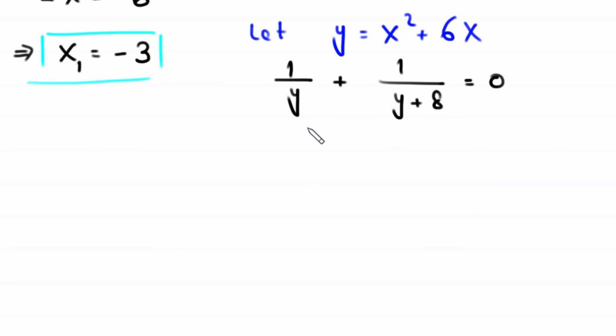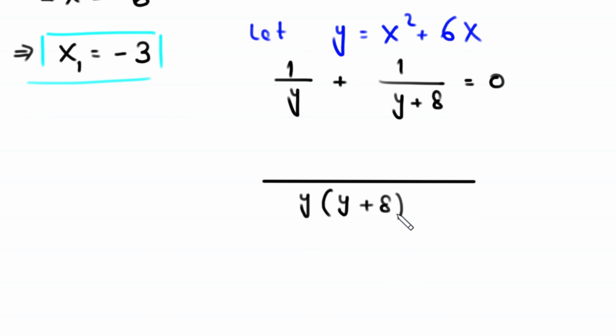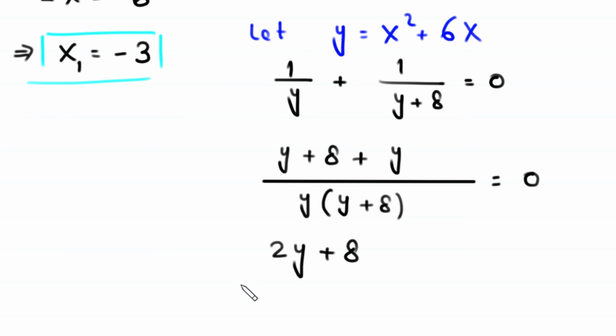Now we take the LCM of these two denominators. The LCM is y times y plus 8. So y plus 8 times 1 is y plus 8, plus y times 1 is y, equal to 0. Now this y plus this y will become 2y plus 8, divided by y times y, y squared, and y times 8, plus 8y, equal to 0.